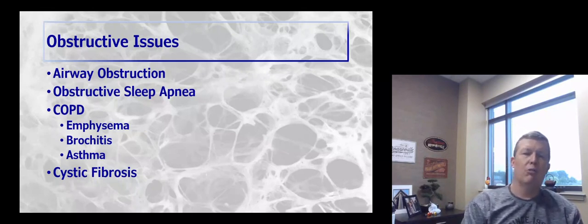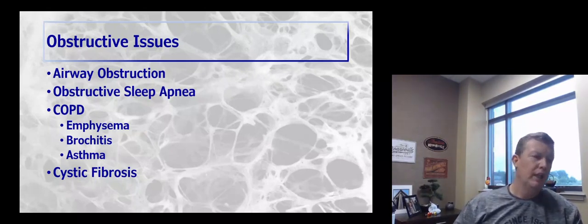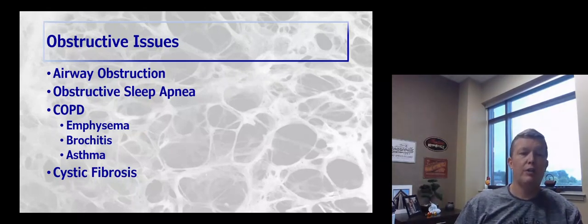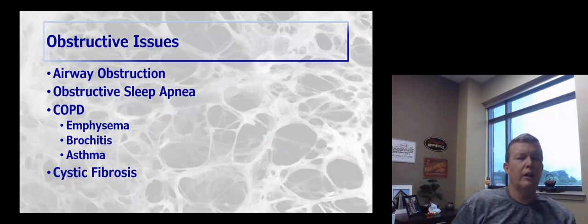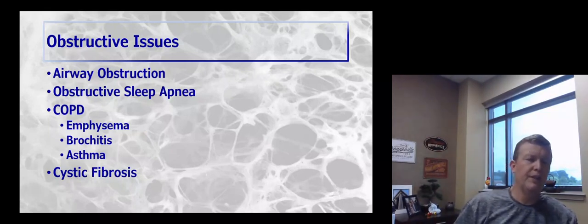So by definition, chronic obstructive pulmonary disease: each of these three, emphysema, bronchitis, and asthma, are chronic conditions. They're obstructive conditions and they're pulmonary diseases. So I put them in the category of overall chronic obstructive pulmonary disease.